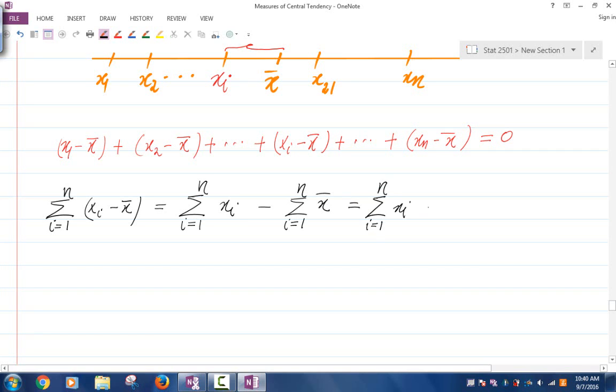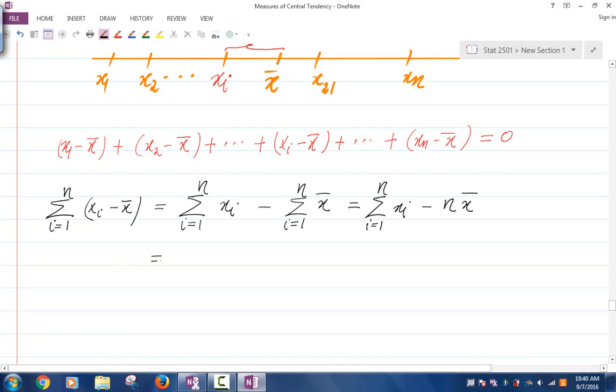Now x bar is a constant number, it doesn't depend on i. So how many summands do I have in the second sum? I have n summands and each one of them is x bar. So the second sum is simply n times x bar, you agree?